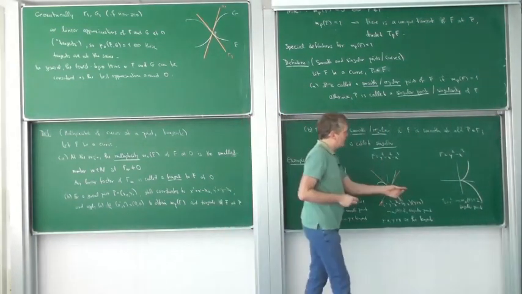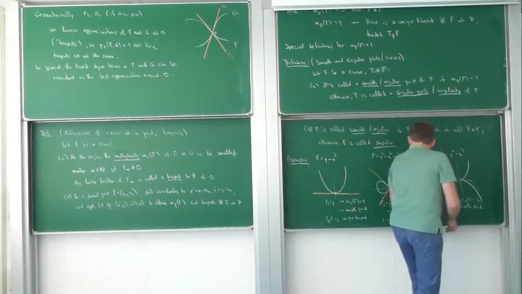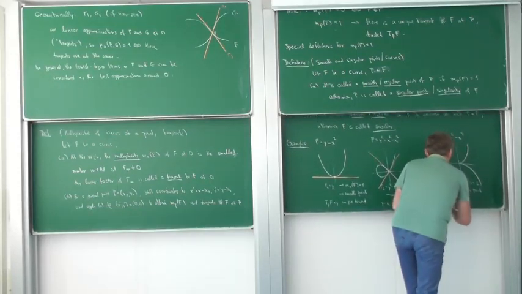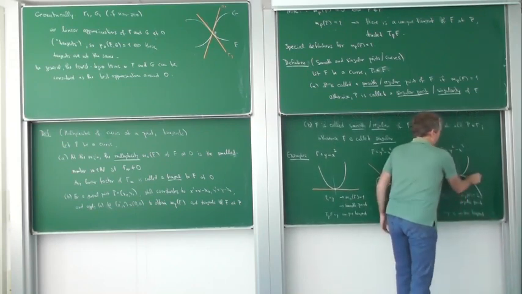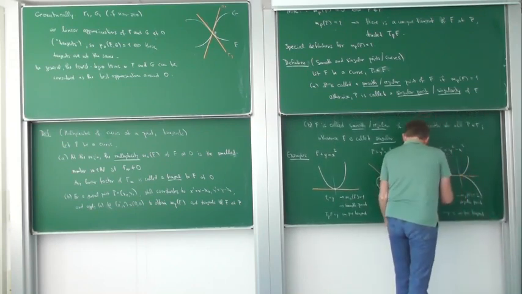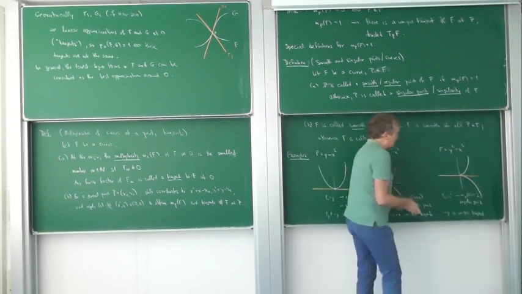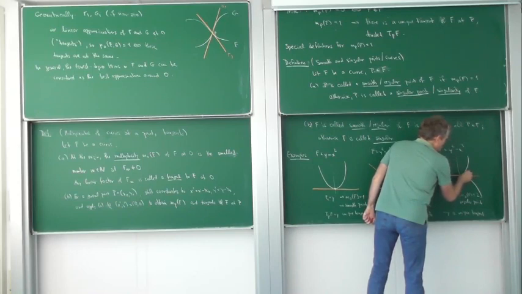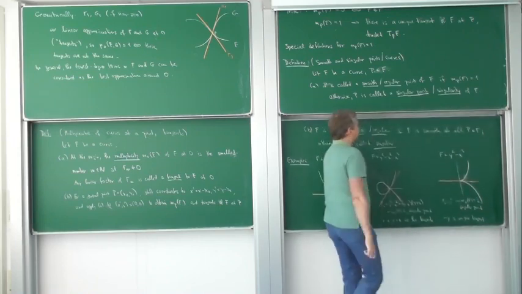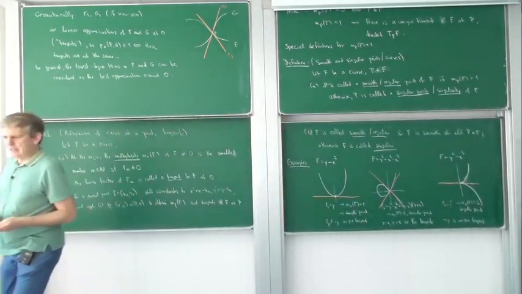Because there's only one linear factor, just with multiplicity 2. So there might be a unique tangent even if it's not a smooth point. And that also fits nicely with the picture, because if there's any line approximating this thing at the 0 point, it would be this one. Because if you compute it, speaking analytically, it goes in here with 0 slope. So that would be a third example.